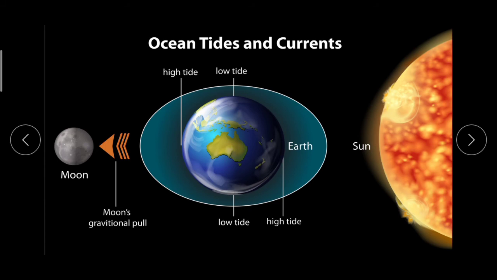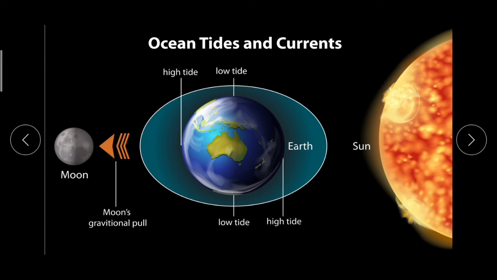Now here, as you can see in the image, occurrence of tides, here the moon you can see is closer to the earth than the sun, hence its gravitational force becomes more effective than that of the sun. So tides occur due to the relative positions of the moon, the sun and the earth.